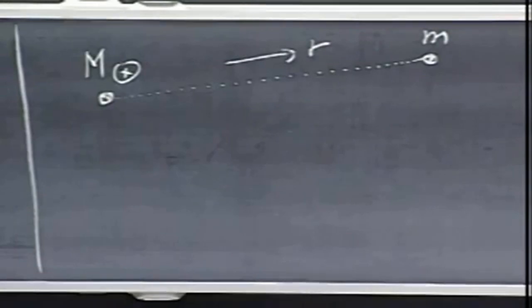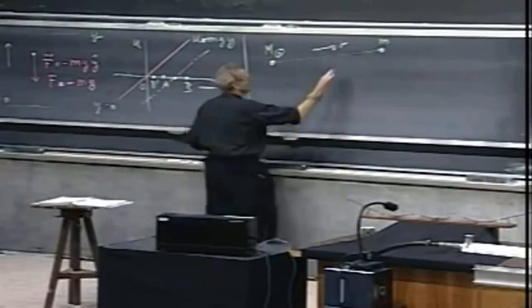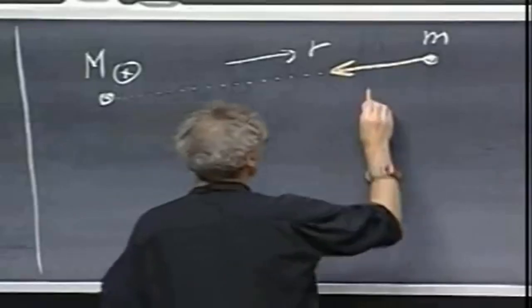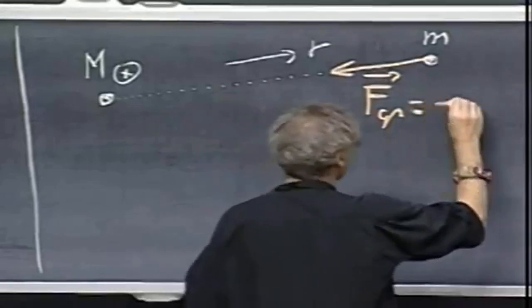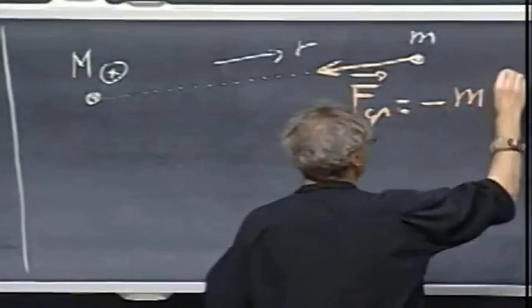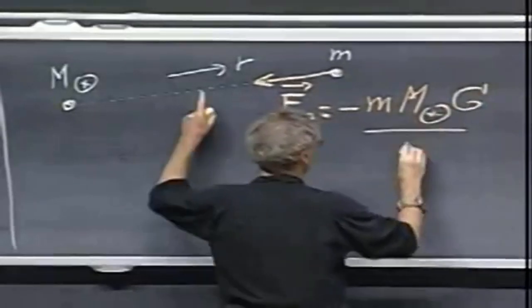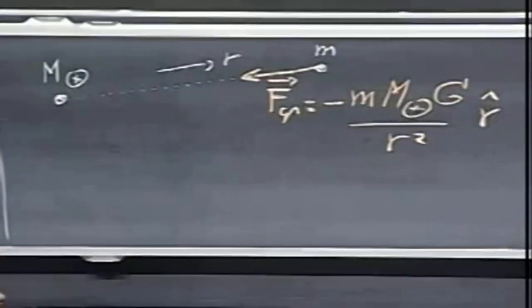I now know that there is a gravitational force on this object, Newton's universal law of gravity, and that gravitational force equals minus m Earth, g, divided by this r squared, r roof. So this is a vectorial notation.